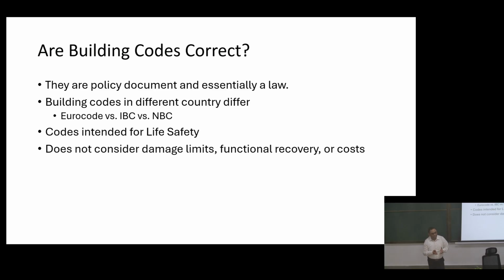Building codes are generally okay worldwide, but they are very conservative in nature, right? And if one building code is correct, then how is there a difference between 2 or 3 different building codes? How is IS 1893 different from EC8, different from the International Building Code? Why are the methods a little bit different?